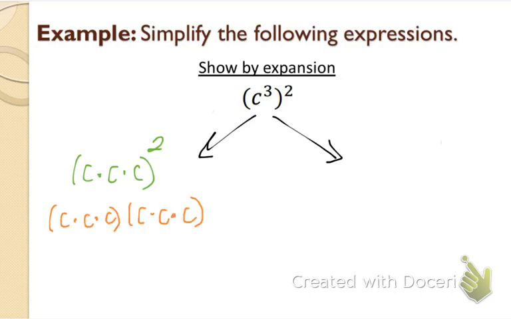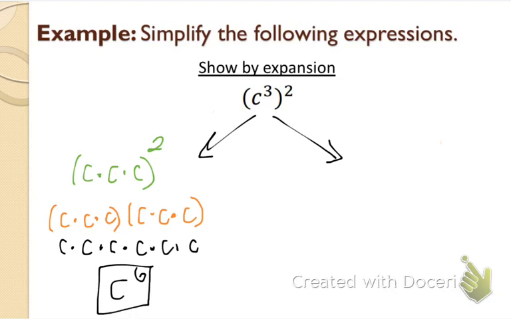And finally, without needing the parentheses, I have 6 C's in total. So instead of writing C times C times C times C, I can just say, oh, my answer is C to the 6. Okay. There's another way of expanding this. I'm going to rewrite what's inside of the parentheses that many times, twice.